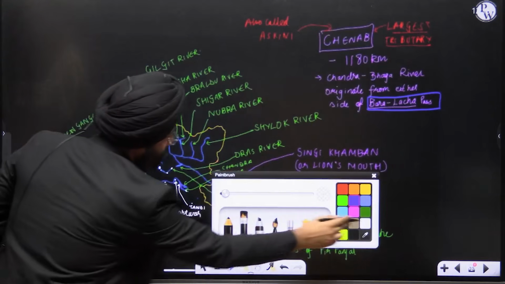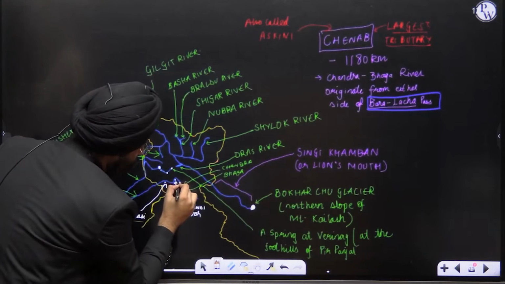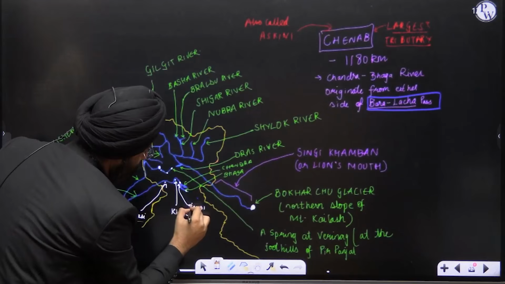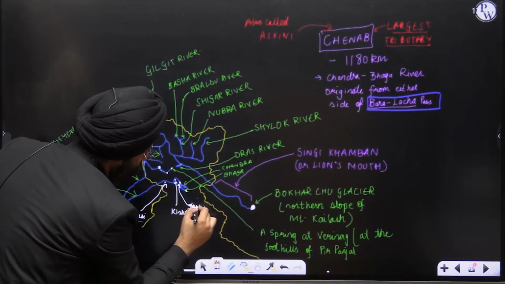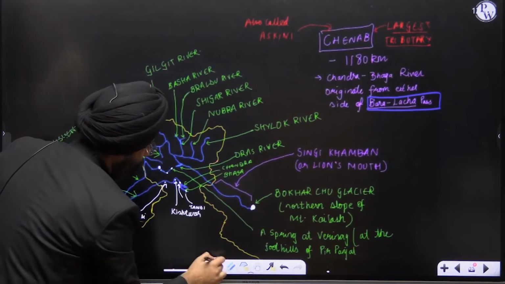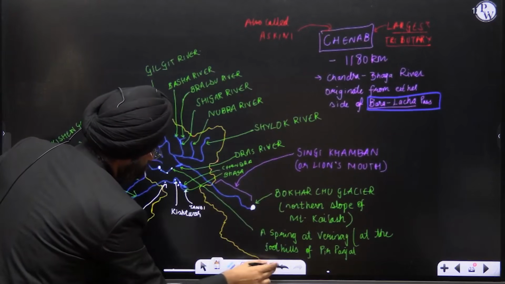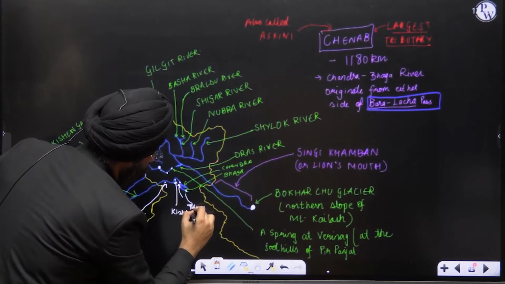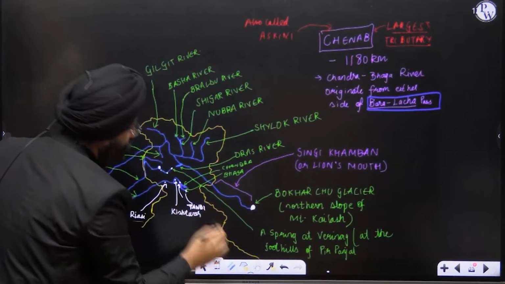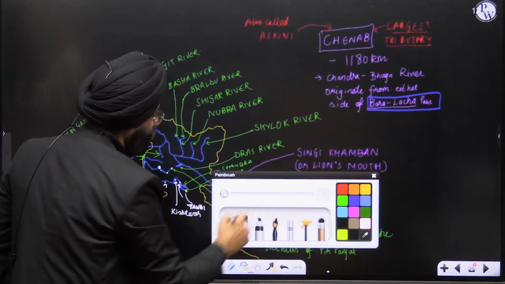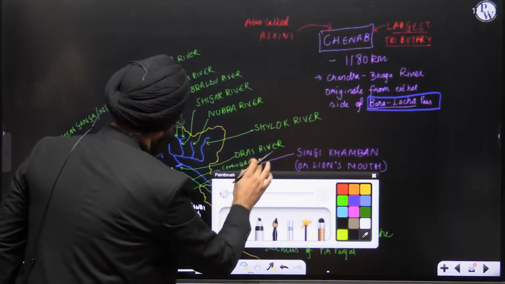They basically merge at what point? This is a point which is known as Tandi. T-A-N-D-I. Tandi is a point where the Chandra and Bhaga are merging.